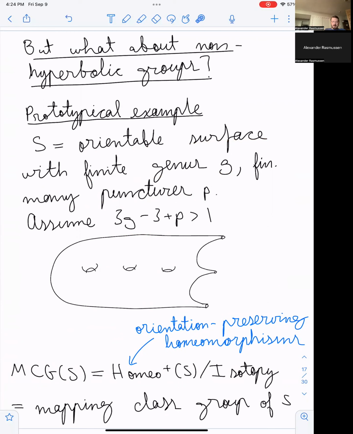So 3g minus 3 plus p is greater than 1. So this is actually just ruling out a small number of exceptions, like a torus with 1 puncture or fewer, or a sphere with 4 or fewer punctures. And I don't even need to assume this for everything I'm going to say, but it will be necessary for some statements.